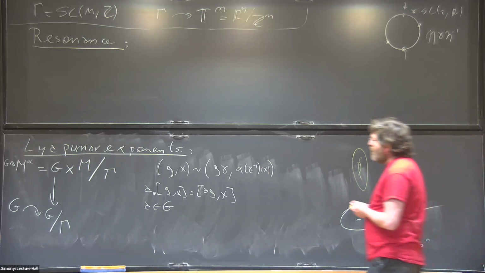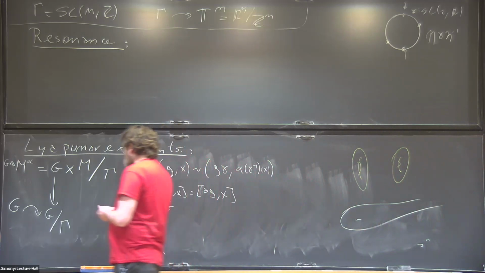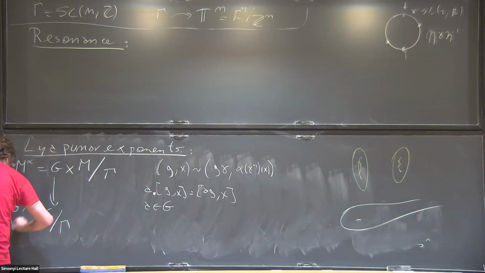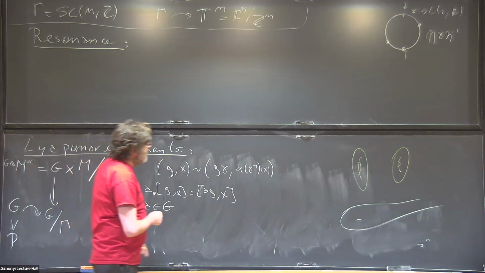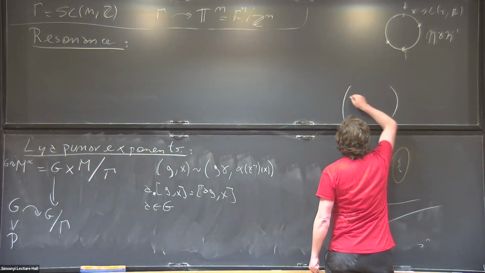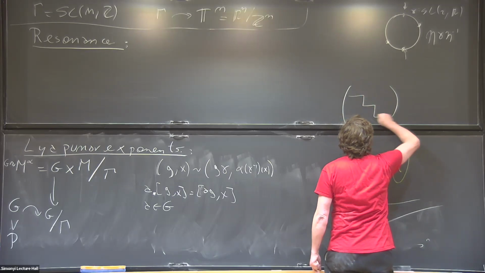So you still land in the same problem, but the advantage is that G, rather than gamma, doesn't have such a large group, while G contains a subgroup P, which should have been described when the Q was described. P is this guy.